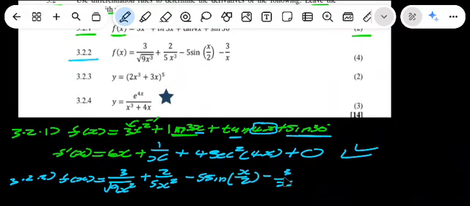This is what we have there. It's 4 marks.